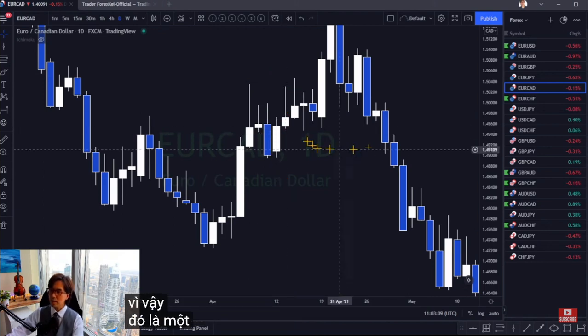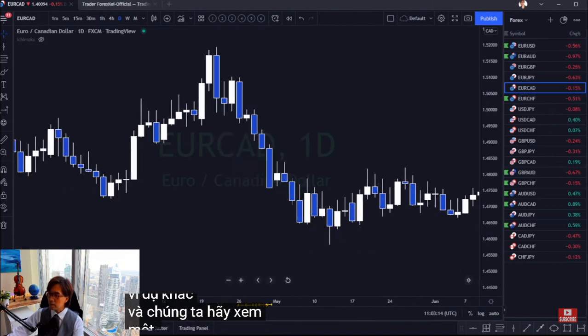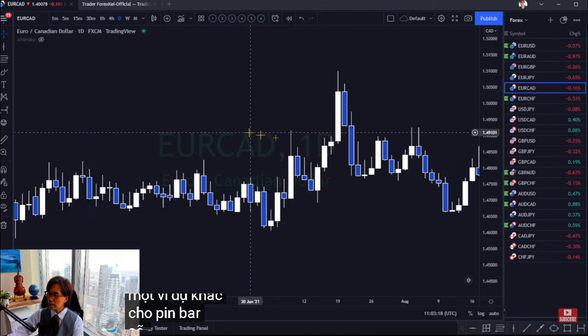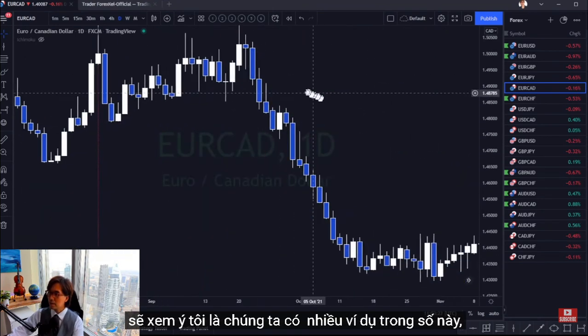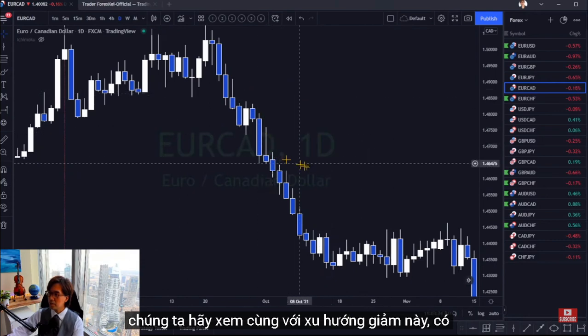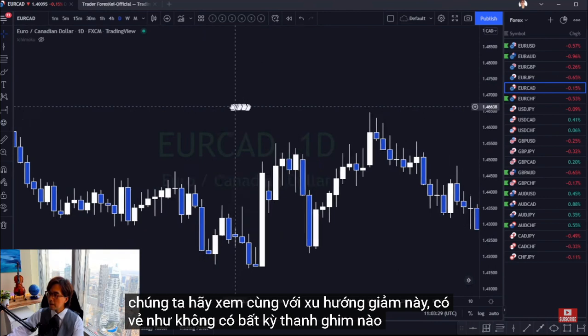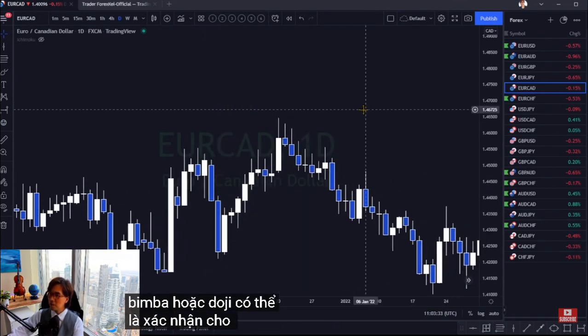That's another example. We have many of these examples. Along this downtrend, it looks like there weren't any pin bars. A pin bar or doji can be a confirmation for the reverse.